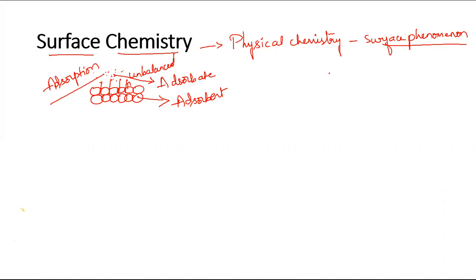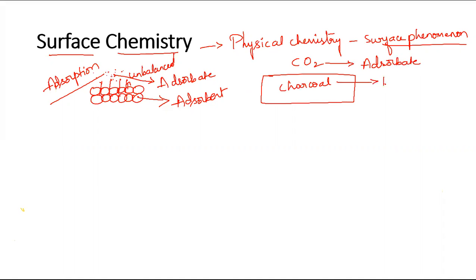For example, when carbon dioxide is adsorbed on charcoal, the charcoal adsorbs carbon dioxide from the surroundings. So here carbon dioxide is the adsorbate and charcoal is the adsorbent, and together they form the process called adsorption.